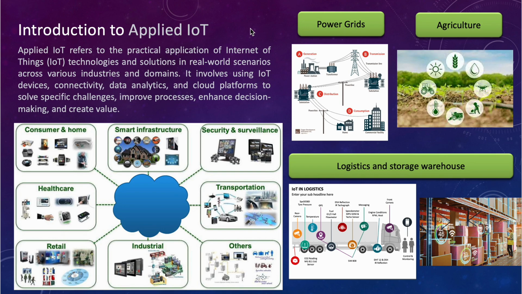So by using IoT devices, we can look for devices which use a lot of electricity, and we can change settings to save energy, to save cost.